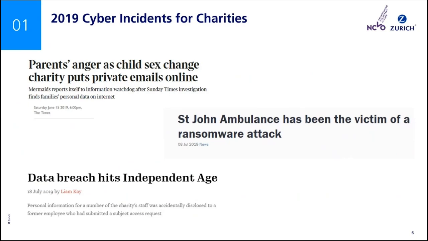And the third one is a data breach, which hit Independent Age, where personal information for a number of charity staff was accidentally disclosed to former employees who had submitted a subject access request. So these kinds of different attacks, where some of them are insiders sending out emails with sensitive information to someone, or a ransomware attack, keep on happening throughout the year.